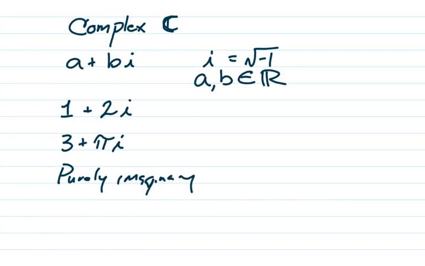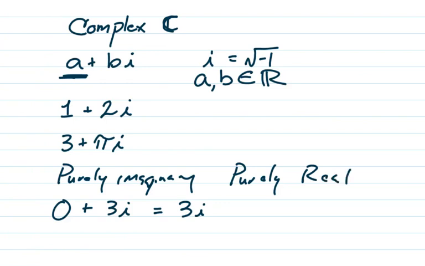Okay, and that just means that their a is 0. So 0 plus 3i, we can just rewrite that as 3i. And that's a purely imaginary number, meaning its real component, the component that's just solely real, is 0.